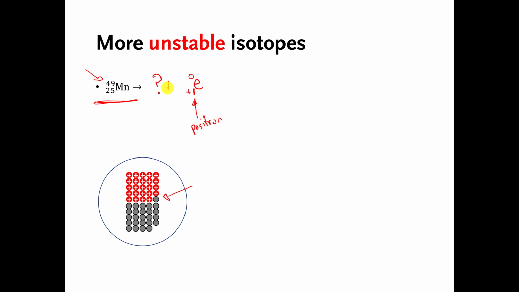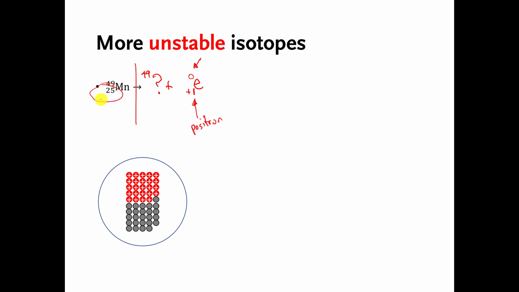And then whatever this thing is, it is not manganese anymore. But we can play the same game and figure out what it is. Everything on the left side of the arrow has a mass number of 49 that totals up to 49. Everything on the right side has to have mass numbers that total up to 49. Positron has no mass number, so our question mark has to have a mass number of 49.